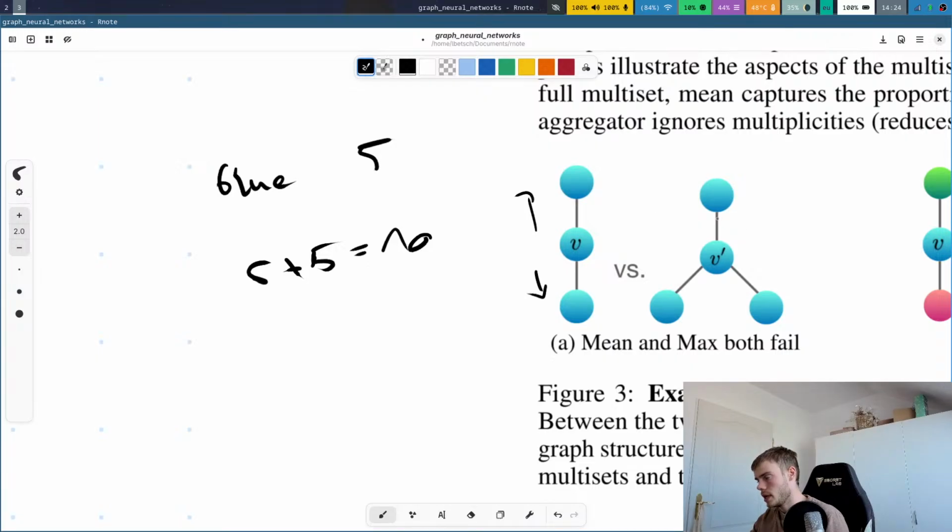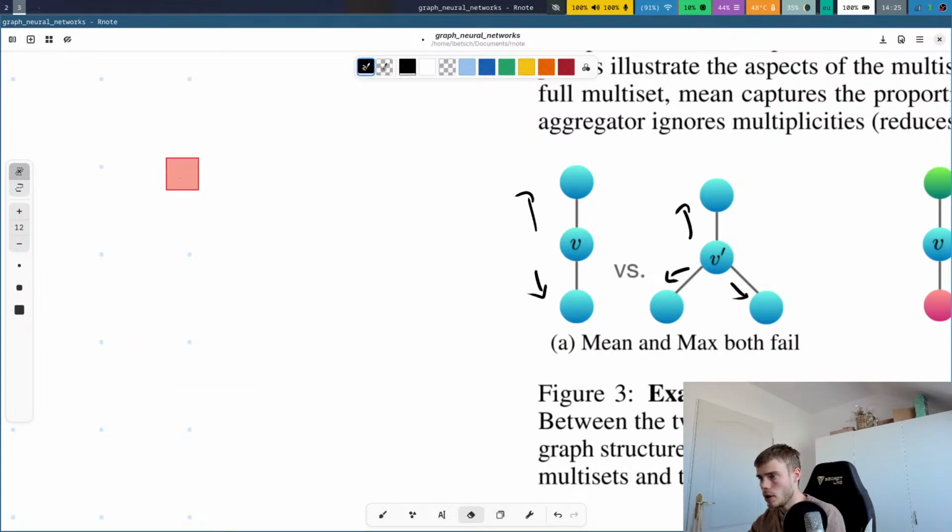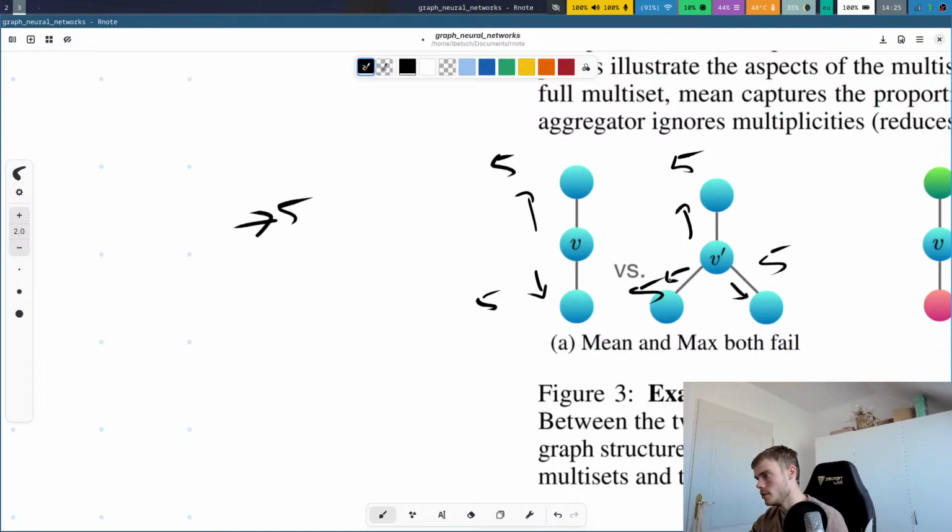Here, the sum aggregator would look at this, at this, at this, and it would be 5 plus 5 plus 5, equal to 15. So they are different. They're not equal. However, the mean would look at 5 and 5 and produce a 5. And here, 5, 5, 5 would produce a 5. They are the same, which is a problem because the structure is different.